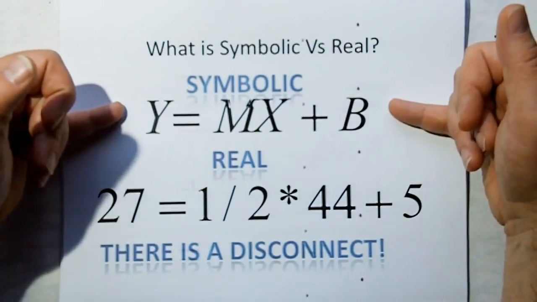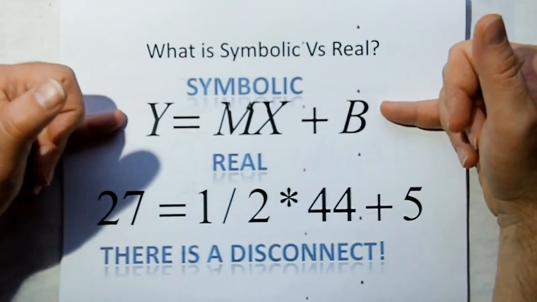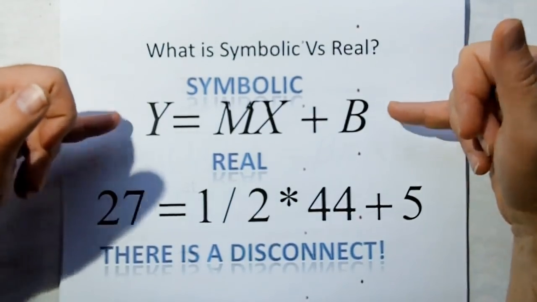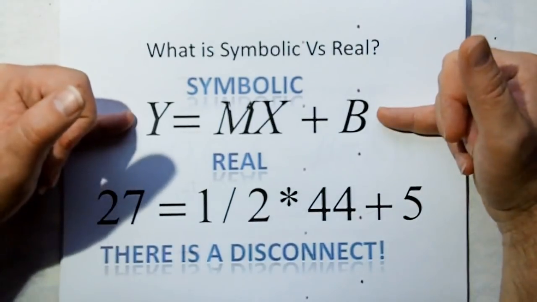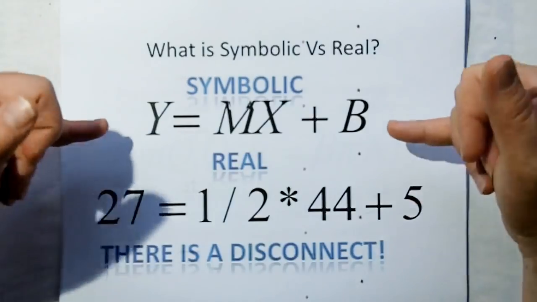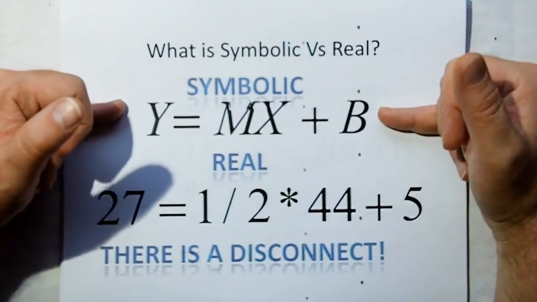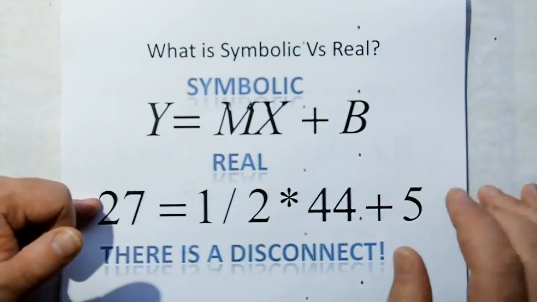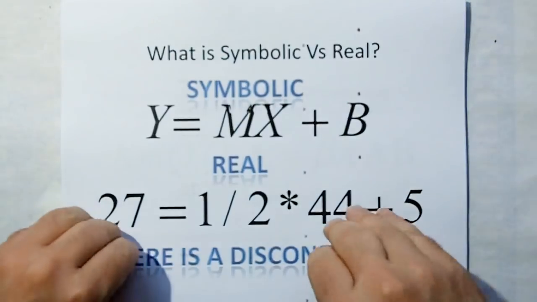So from a symbolic standpoint, you can handle multiple different solutions at once, where once you put in the real numbers, you basically have chosen one possible solution. That's the difference between symbolic and real. In symbolic, you don't ever put numbers in until you actually want to evaluate for one particular case.